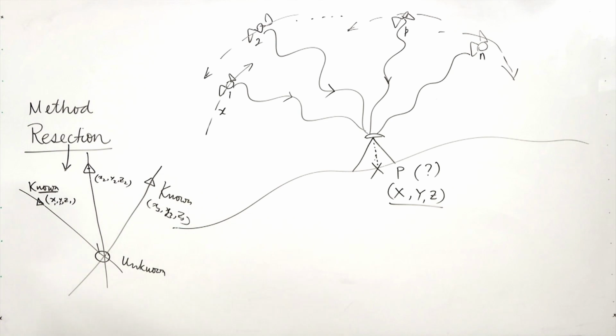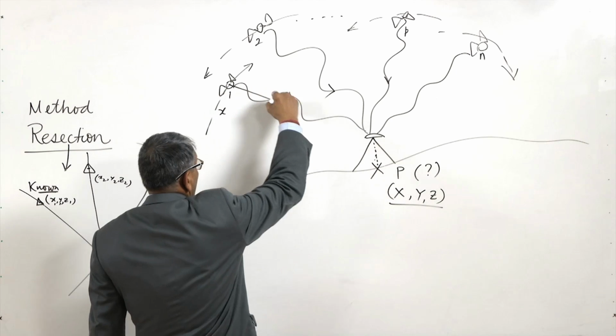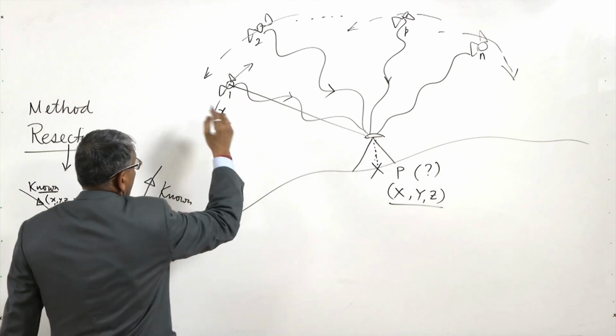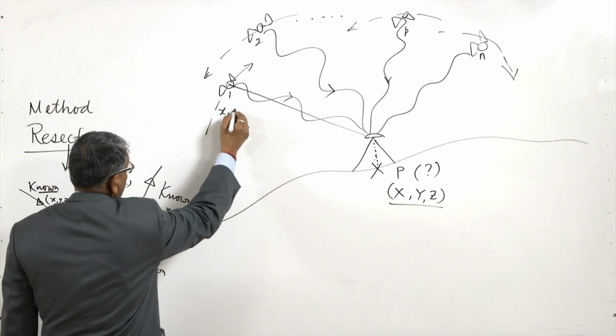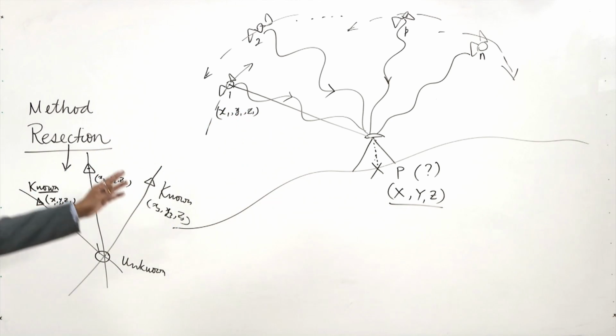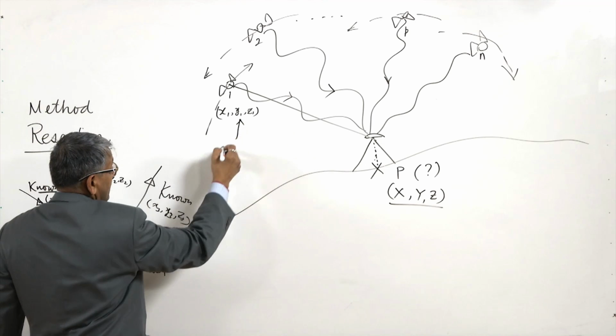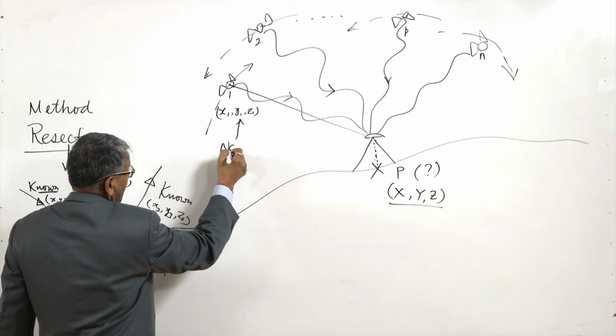Now in the case of GPS, we know the location of the satellites, x1, y1, z1. These locations of the satellites are available in the navigational data.